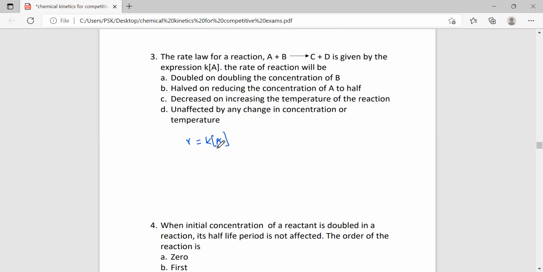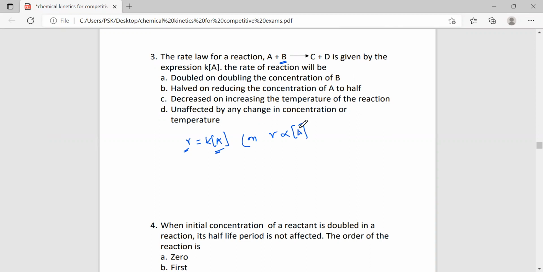That means we are not talking about B here. The rate is not dependent on the concentration of B. So can I say the rate of a reaction is directly proportional to A? Can we write R is directly proportional to concentration of A, with a proportionality constant? Yes, sir. So rate is directly proportional.